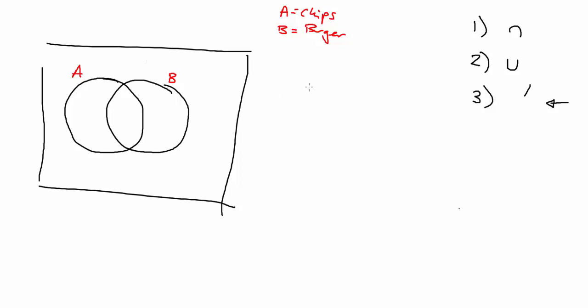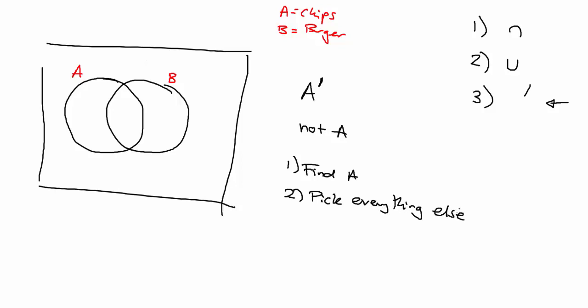So when someone says, you'll see like a dash, that literally means not A. And the best way to figure out what not A is, I think, is this way. Find all the regions of A and then pick everything else. It's literally as simple as that, because we're talking about not A.